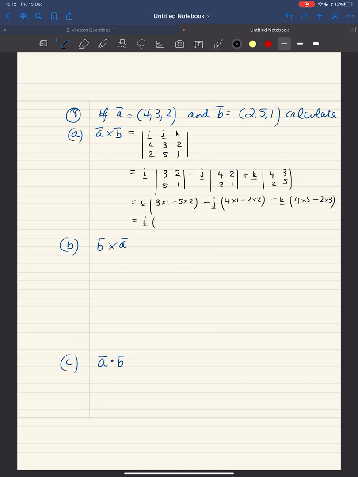This is i, 3 minus 10 is minus 7, minus j, 4 minus 4 is 0, plus k, 20 minus 6 is 14. So this is minus 7i plus 14k. Okay, that's the answer there, the first one.